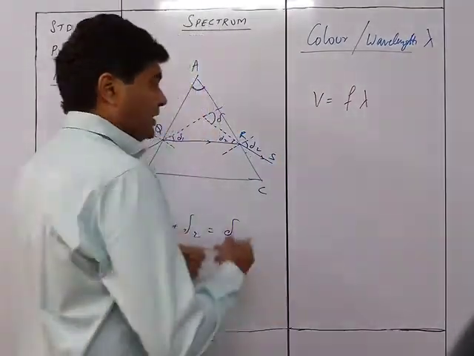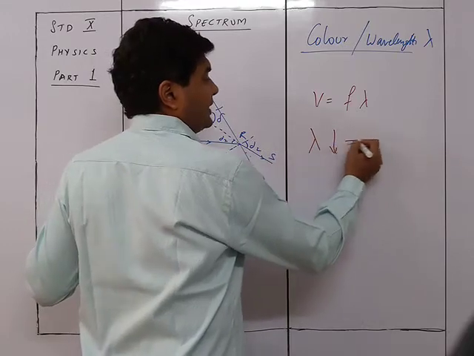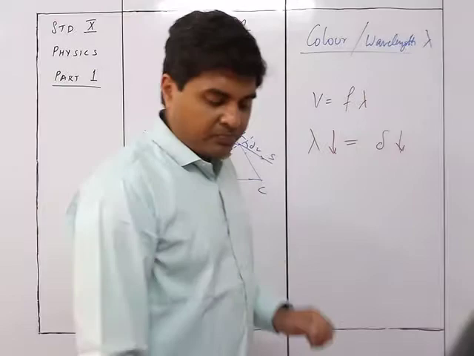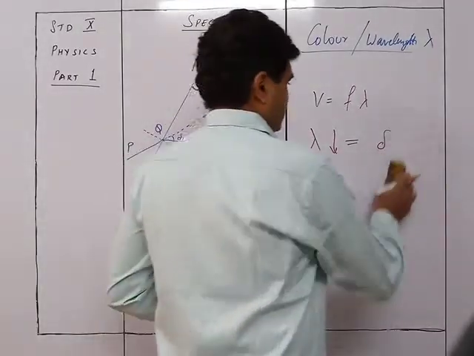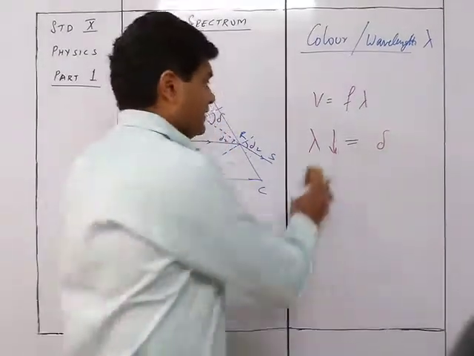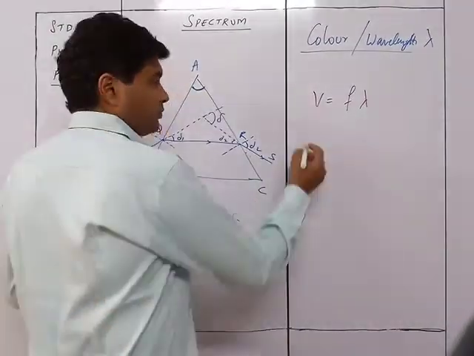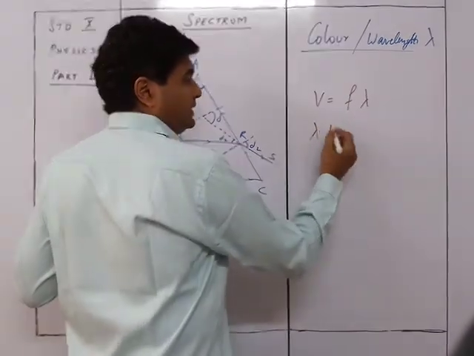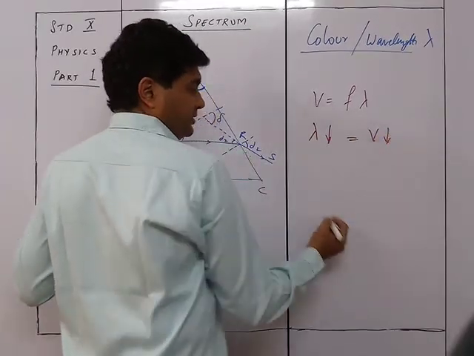So we can see over here, if the wavelength is going to decrease, then the deviation increases. I'll write down each and every step one by one. The wavelength decreases, accordingly velocity decreases.